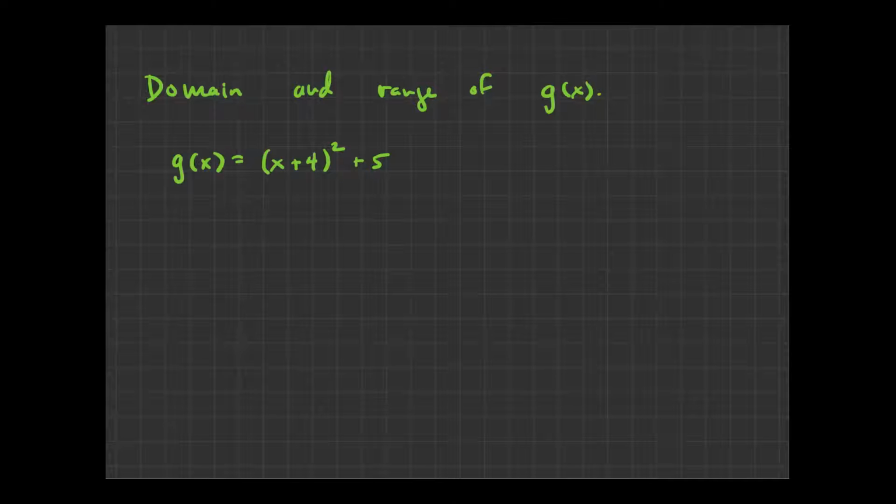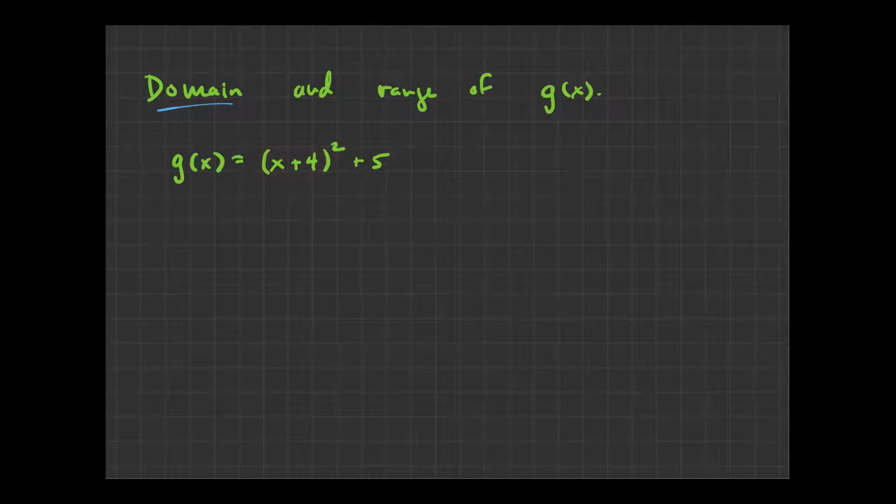Remember that the domain is all the values that we're allowed to use for x. Is there any number that we're not allowed to add 4 to?